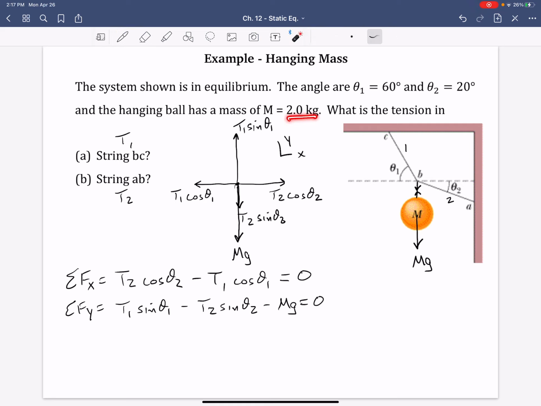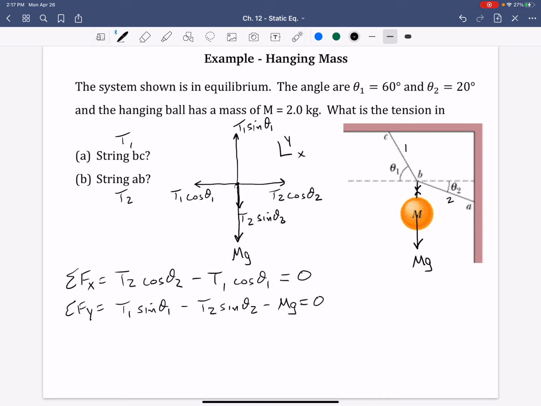Well, we have 2 equations and 2 unknowns. The mass is given to us, the angles are given to us, and we know g, but that's a constant. So I'm going to solve one of these equations for one of the tensions and plug that expression into the other equation. I'm going to solve the x equation for T1.